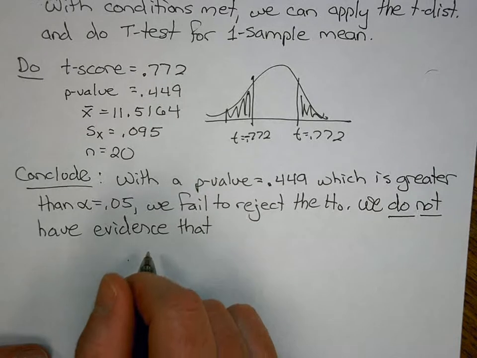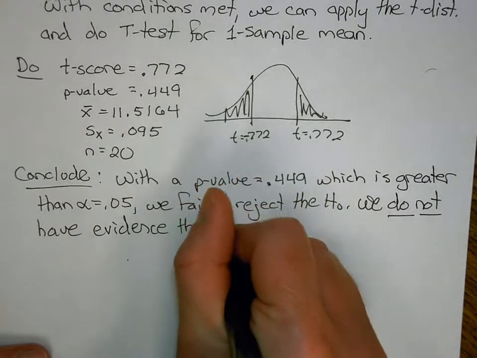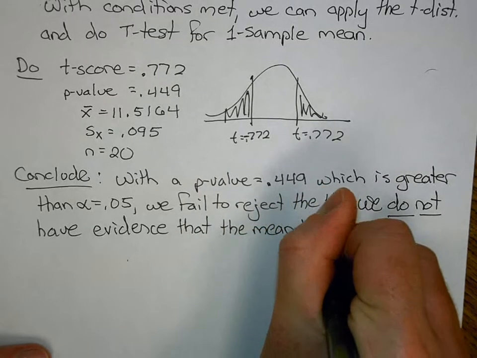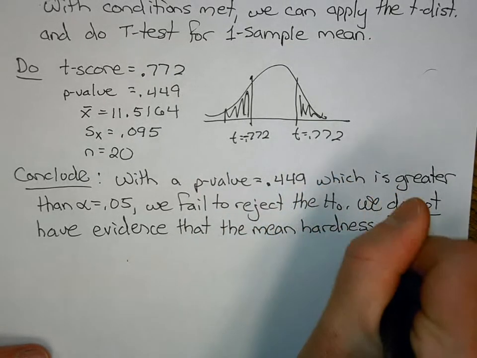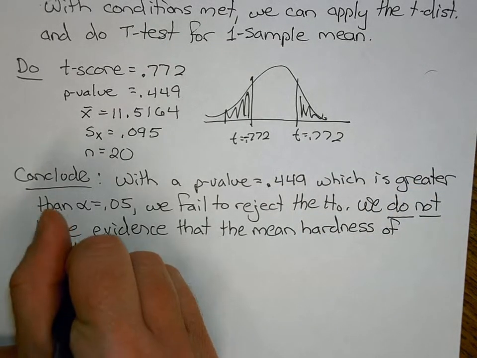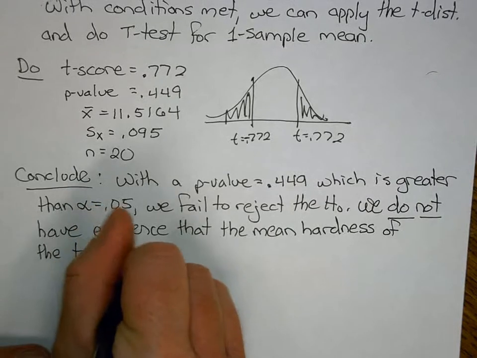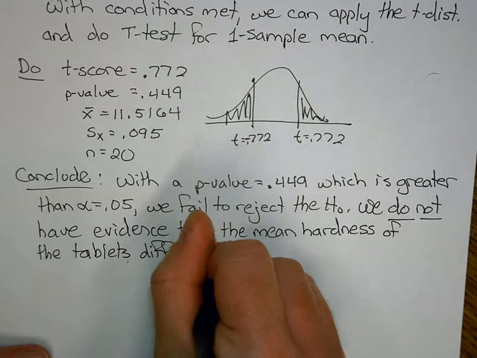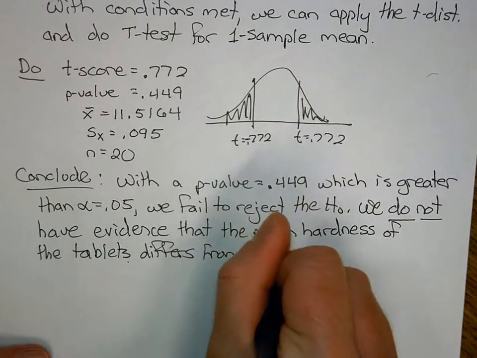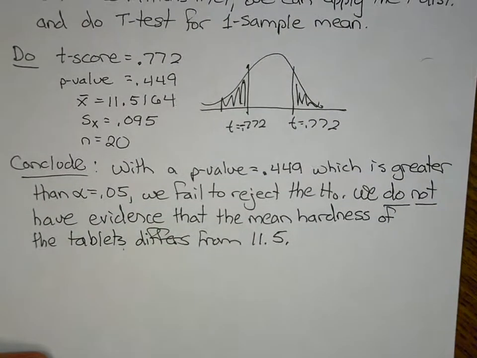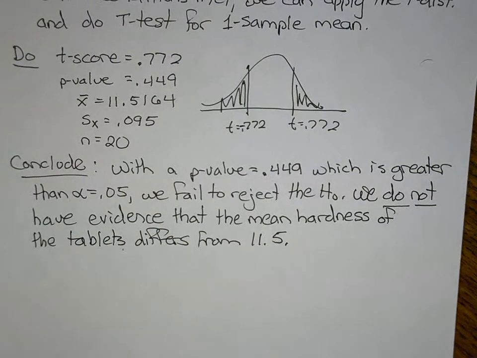No, we do not have evidence that the mean hardness of the tablets differs from 11.5, or you could write the mean target value. Did not ask me to interpret, so I don't need to. Done. Alright, that was the book problems, 2 problems at least.